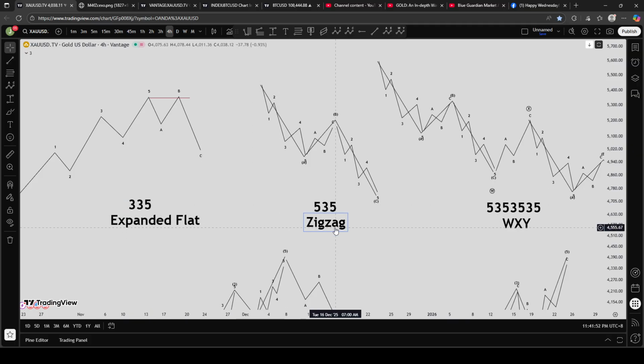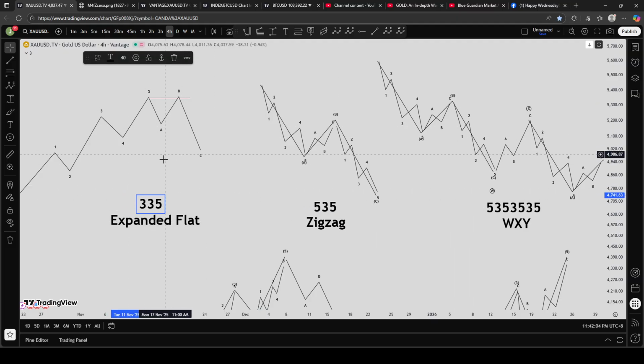So zigzag is a 5-3-5 structure. A double zigzag or double XY correction is 5-3-5, 3-5-3. Two sets of zigzags. And then expanded flat is when wave B retraces or sweeps the high of the fifth wave but does not sweep it impulsively, then we call it an expanded flat.